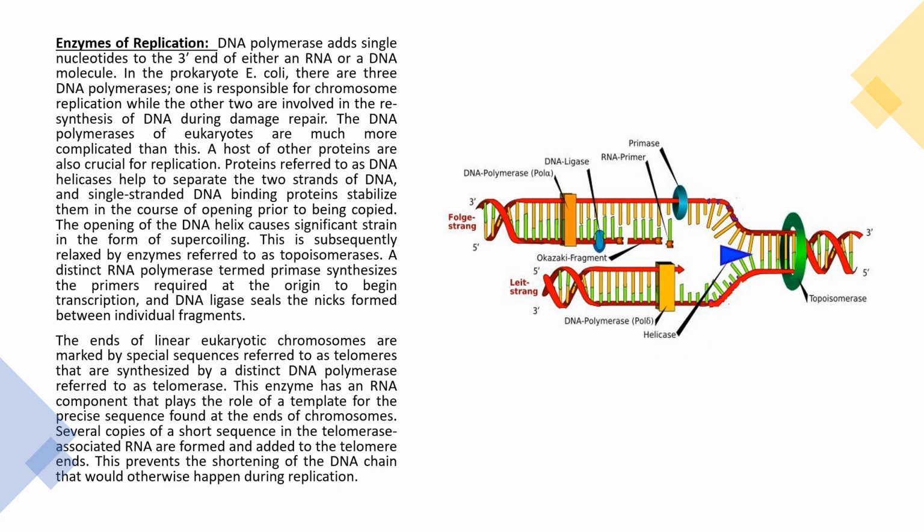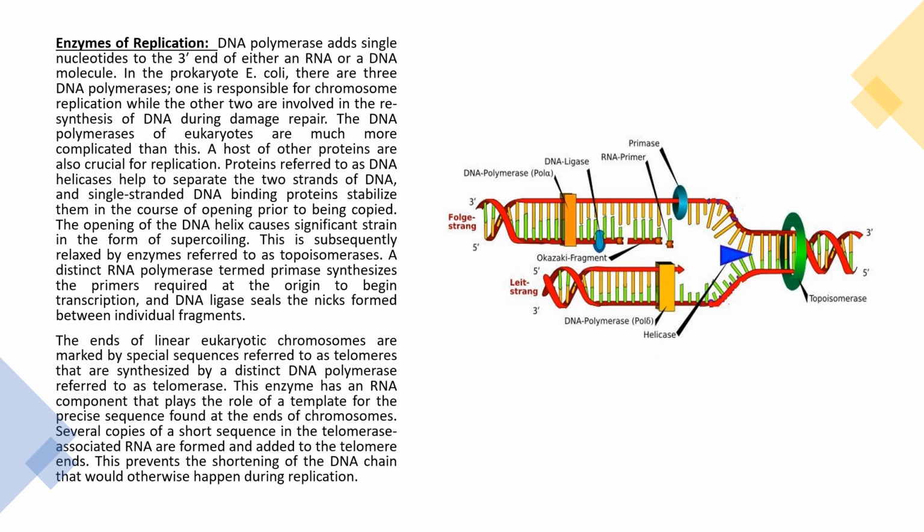The DNA polymerases of eukaryotes are much more complicated than this. A host of other proteins are also crucial for replication. Proteins referred to as DNA helicases help to separate the two strands of DNA, and single-stranded DNA binding proteins stabilize them in the course of opening prior to being copied.